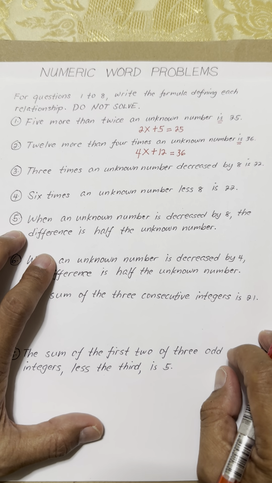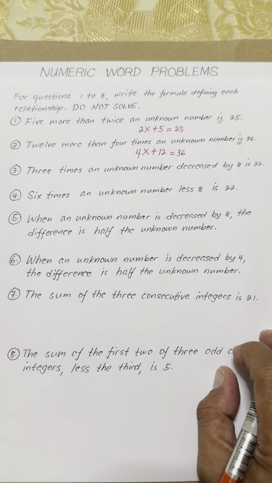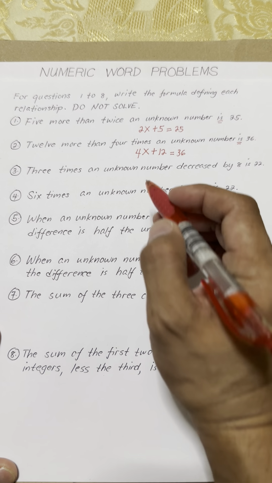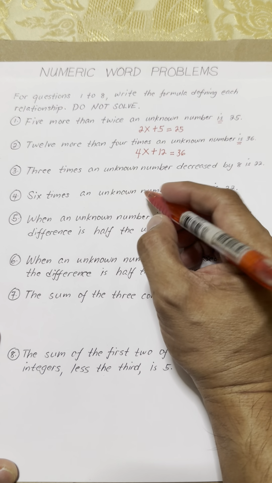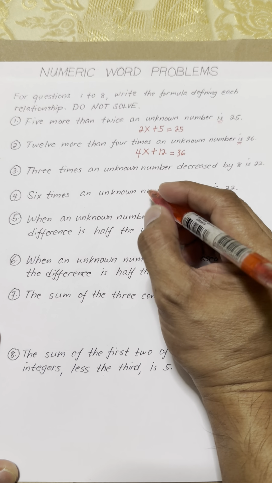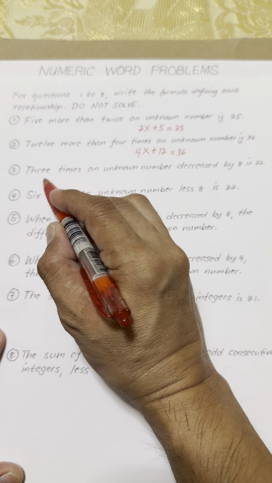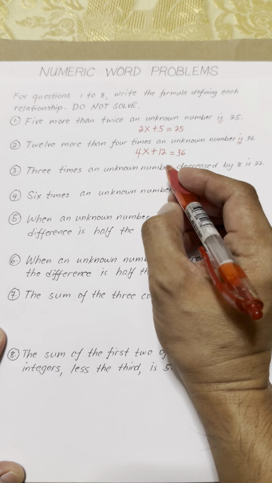All right, so for number 3 and number 4, we have to be careful because it can be interpreted in 2 ways. One interpretation, which I consider more correct than the other, is this. We have 3 times an unknown number.